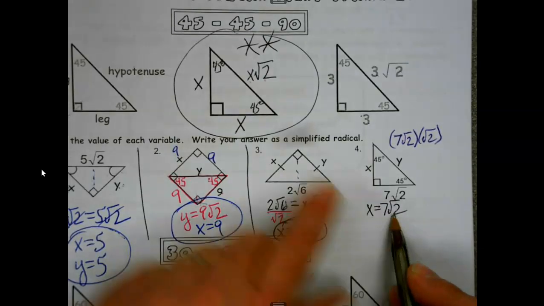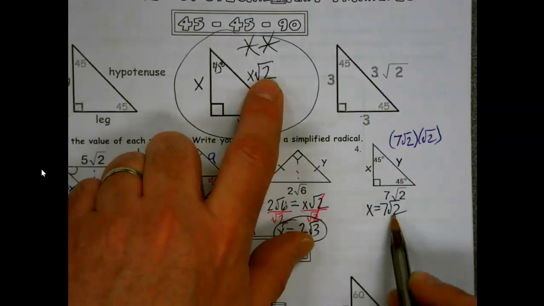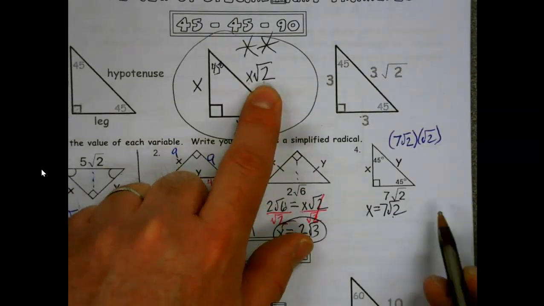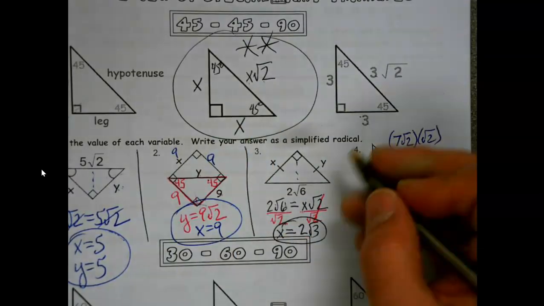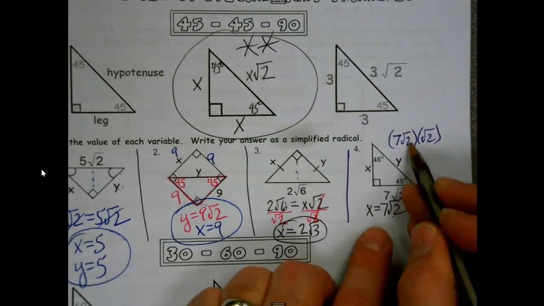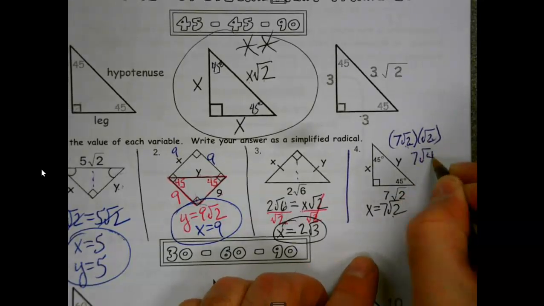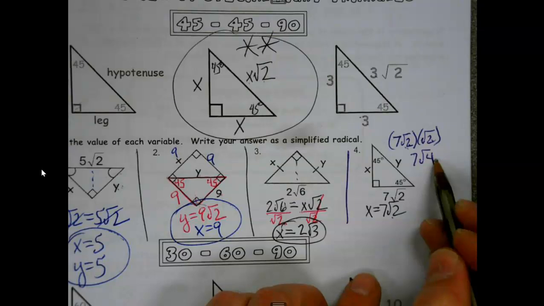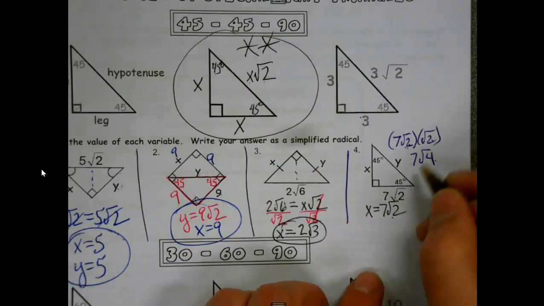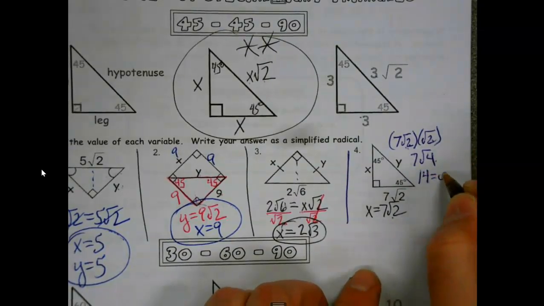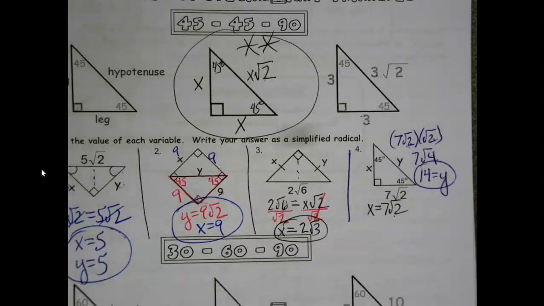But this is the x value. That's still part of my formula, and similar to what we did in number 3, so I can just multiply these? You can. The square root of 4 is 2, so 7 times 2 is 14, and I have my y value.